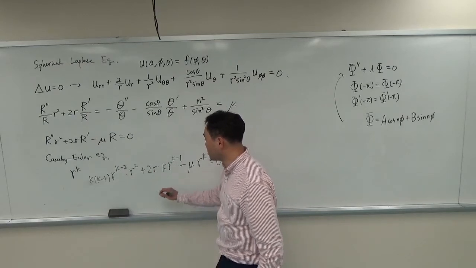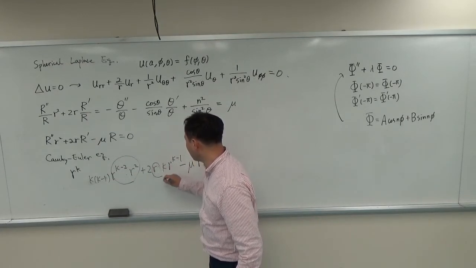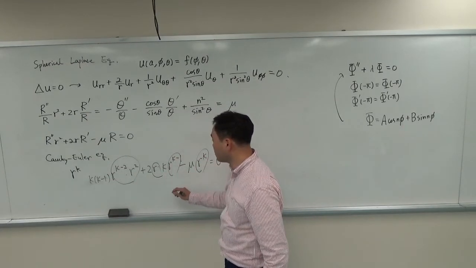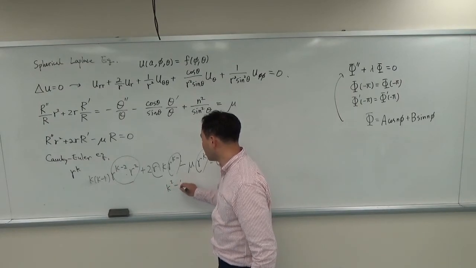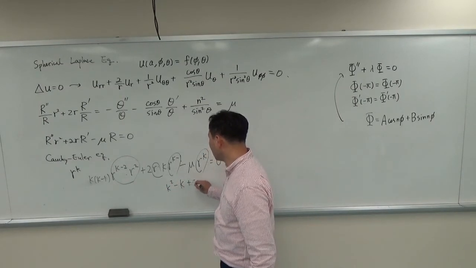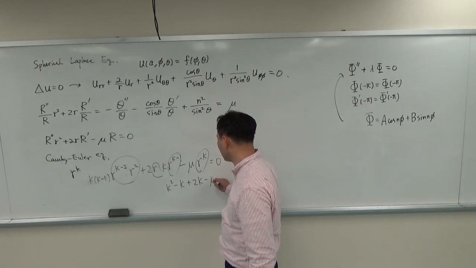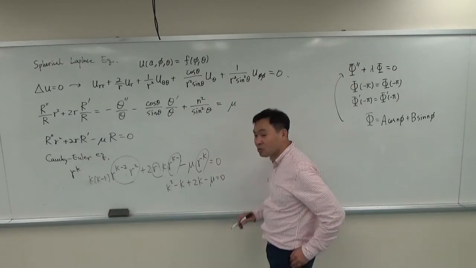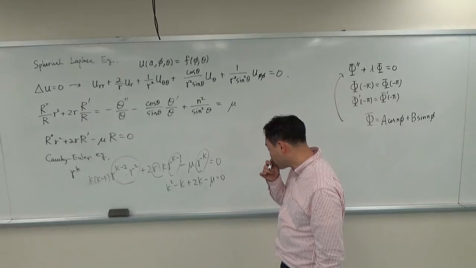If you divide by r to the k, those go away, and you get k squared minus k plus 2k minus mu equals 0, whose solution you can find, right?